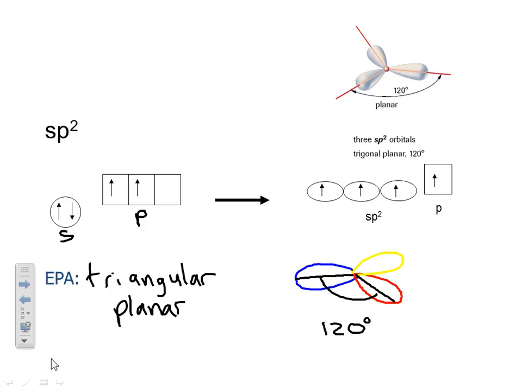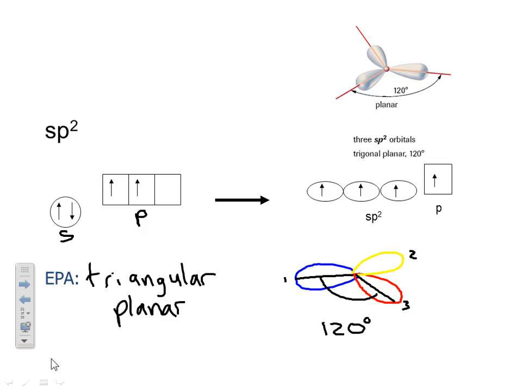Okay? Now, on my picture here, I've only got 3 of the orbitals labeled. 1, 2, 3. There's the 3 orbitals. There's actually a 4th orbital still there that I haven't drawn. And that 4th orbital is the p orbital that isn't hybridized.